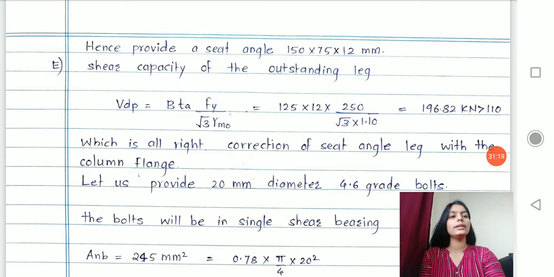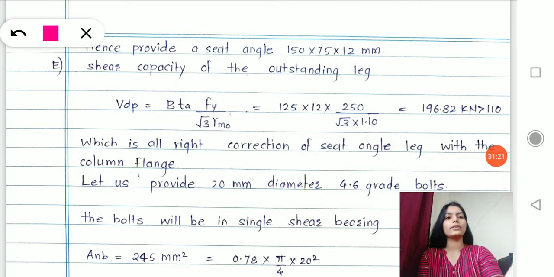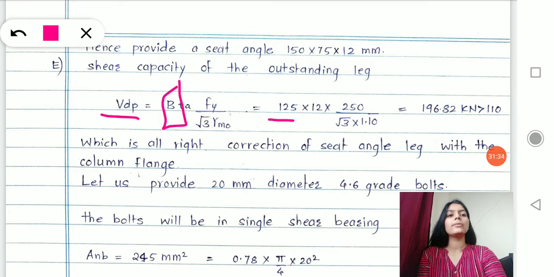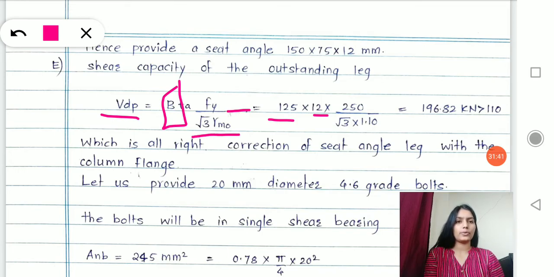How to do that? The formula is mentioned in the IS code. Vdp is equal to beta into b into t a into fy divided by root 3 into gamma m0. The b value is mentioned here: 125, into thickness of angle 12, into 250, divided by root 3 gamma m0.